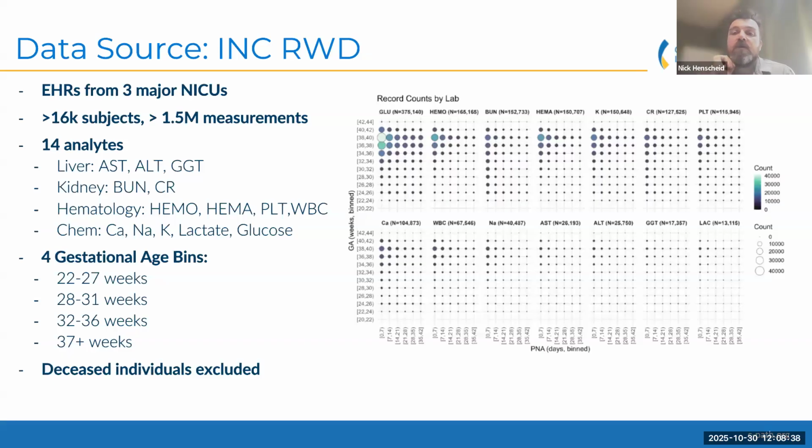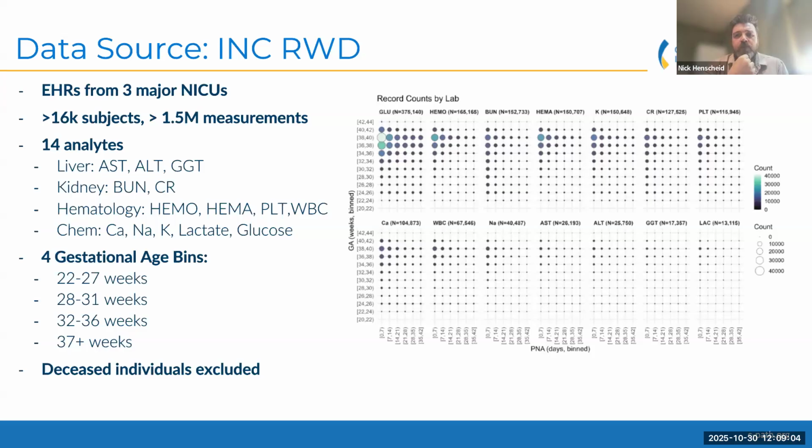The data that we used for this lab values project, this initial modeling pass, was from three major NICUs in the US. We pulled electronic health records from those and mapped the data to the OMOP format. The OMOP format is a standardized way to represent not just electronic health records, but really any data type.